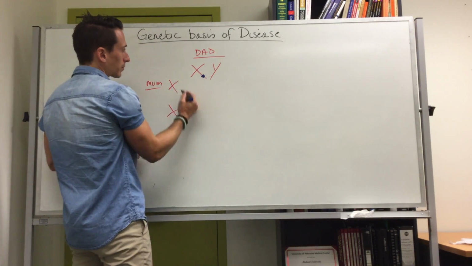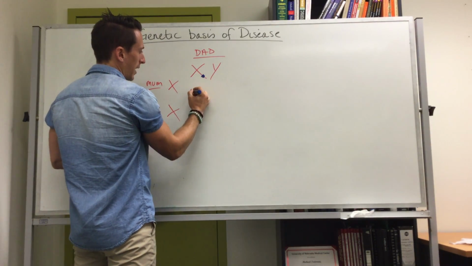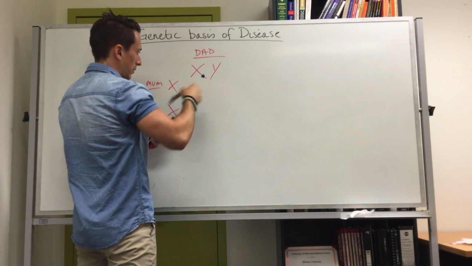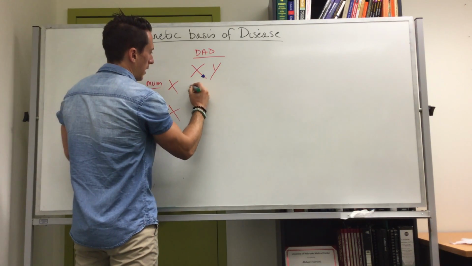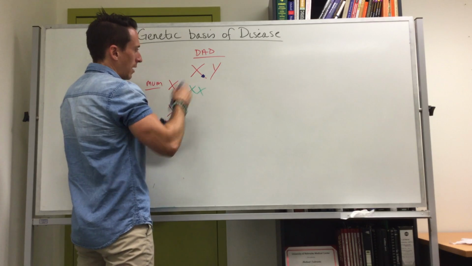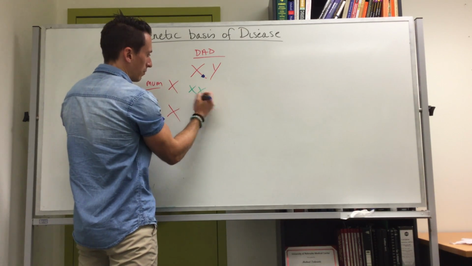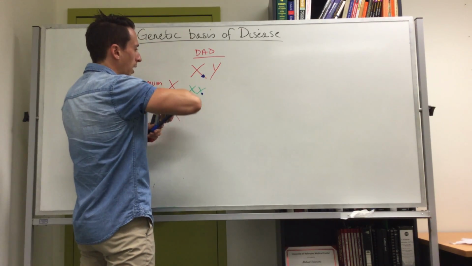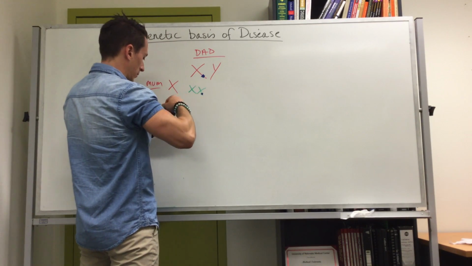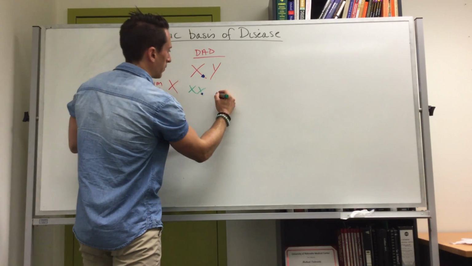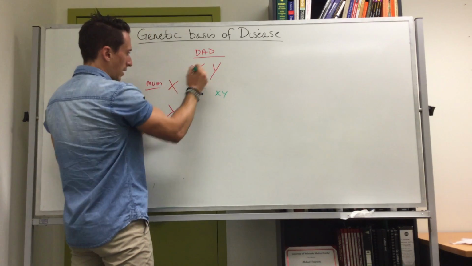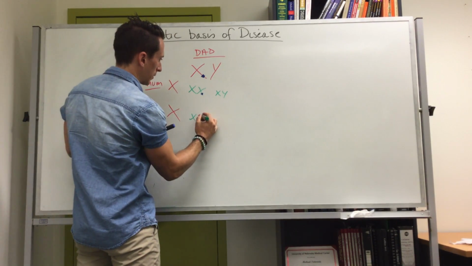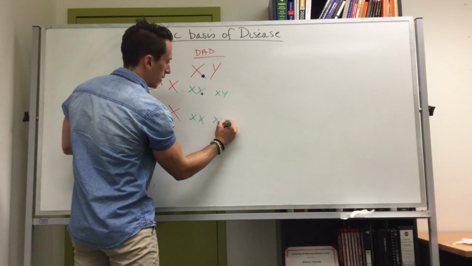How does the offspring work? Well, dad, mum, so you can have XX, XX, and that means one of the X's will have the mutation. You can have XY, you can have another XX, and you can have another XY.